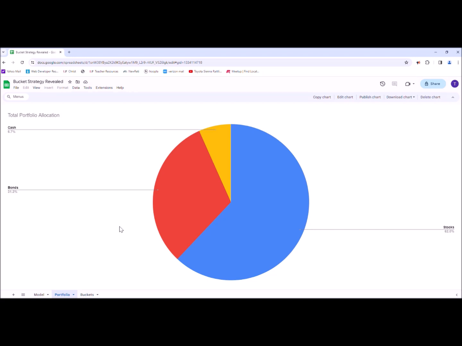Now you may choose to change your allocations between cash, bonds, and stocks, and you could do that based on a number of years. But in the end, you're just doing a reallocation or rebalancing if you don't change anything.